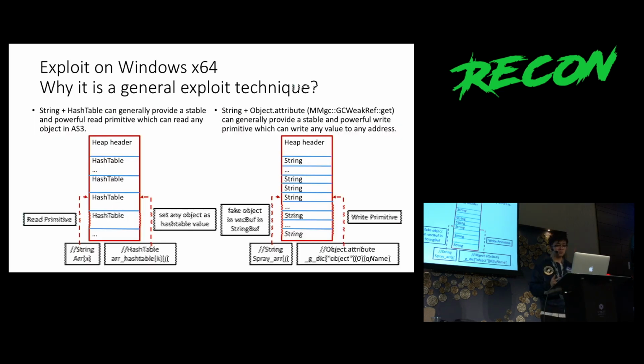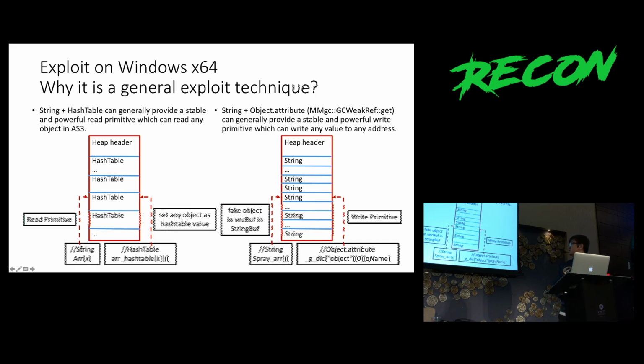Before showing the demo, I will spend 2 slides to discuss why it's a general exploit technique. Firstly, string and hash table can generally provide a stable and powerful read primitive which can read any object in AS3.